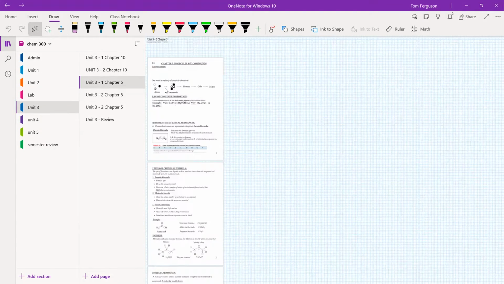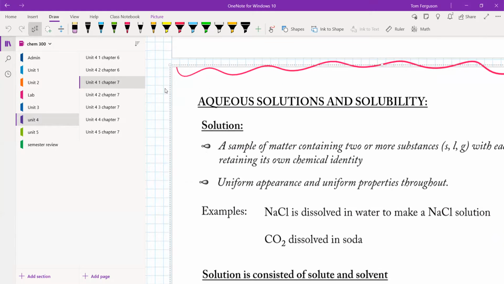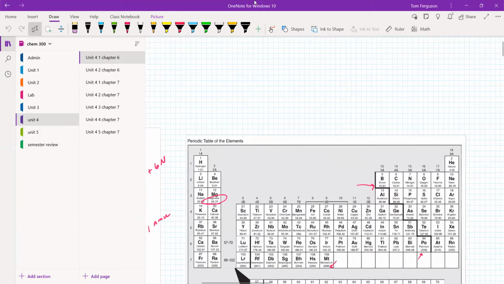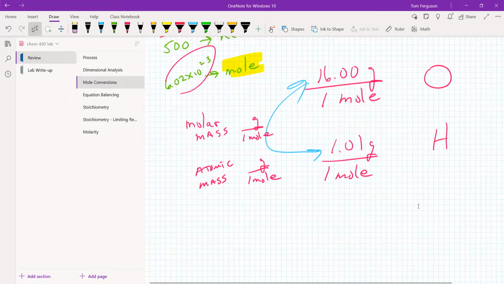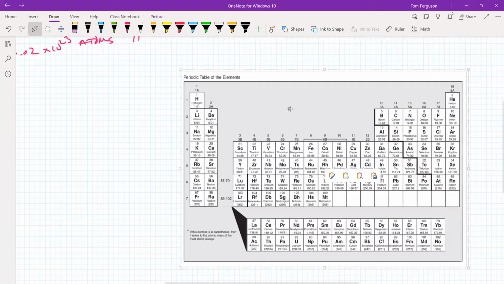Excuse me while I find a periodic table. Look what we have here, periodic table. Okay. All right.